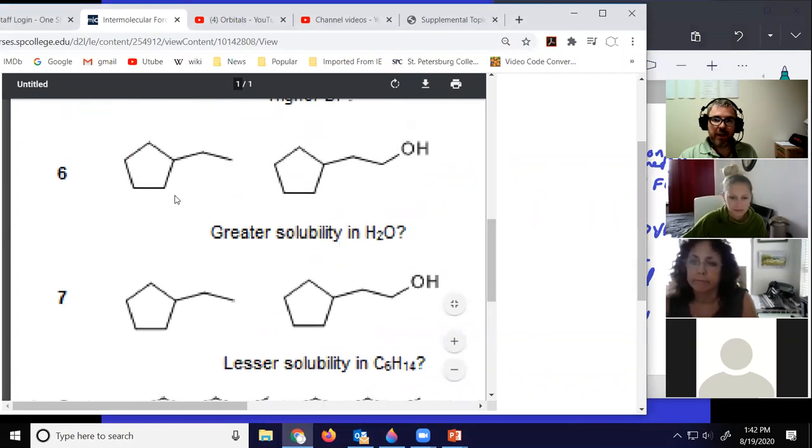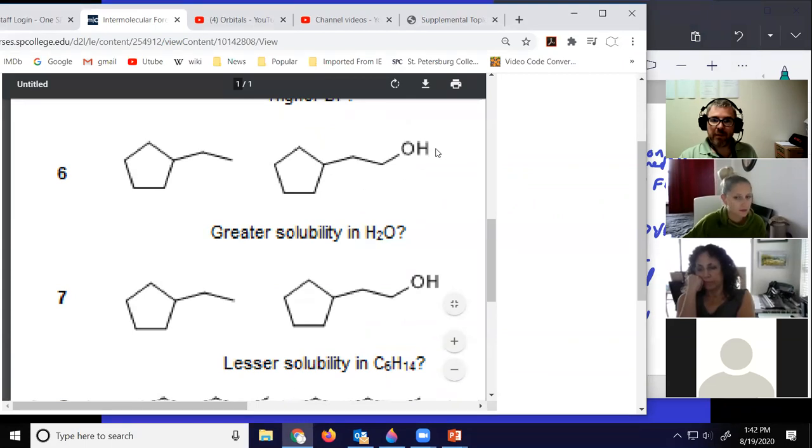So if you were given these two compounds, you'd have to figure out what their intermolecular force was, as well as the intermolecular force of the solvent here, which is the H2O. All right, so the H2O is going to be hydrogen bonding. Which one of these two is going to have the greatest solubility in water?